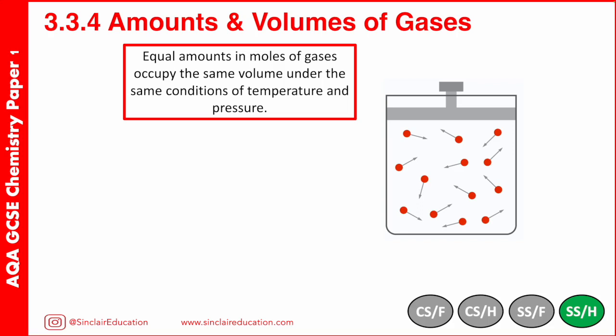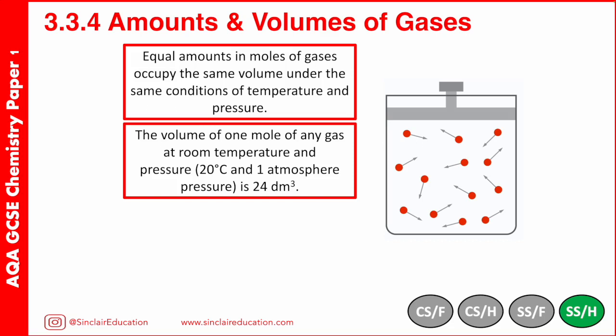So if I gave you, for example, 1 mole of hydrogen and 1 mole of oxygen, they would take up the same space. 1 mole of a gas takes up 24 decimetres cubed of volume. Now that is assuming that we're at room temperature and pressure, that is 20 degrees C and 1 atmosphere.